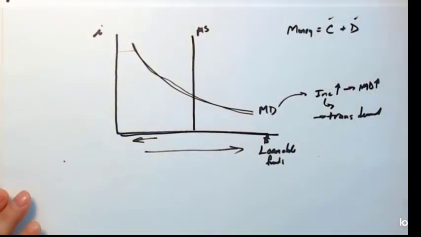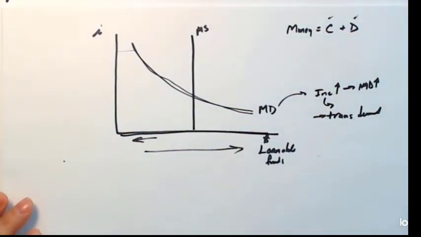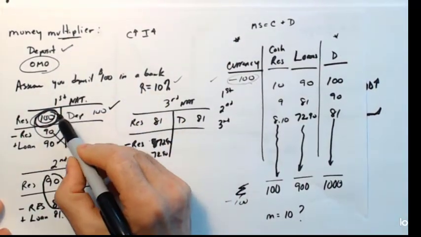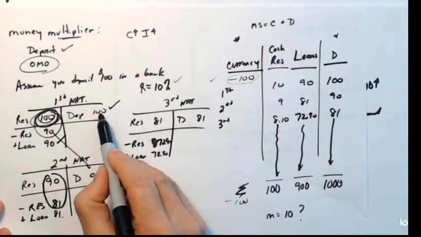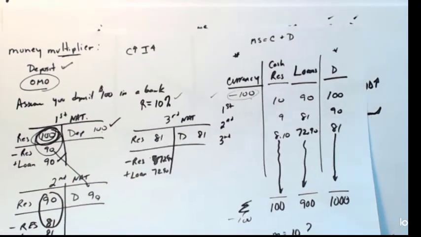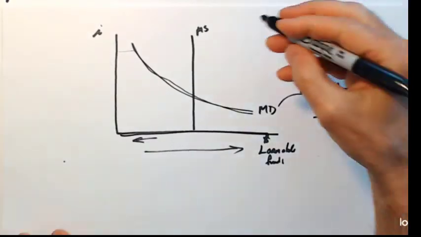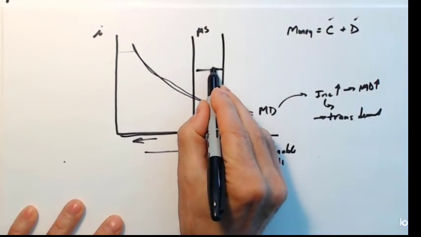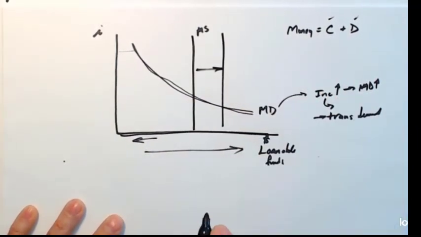So now look what happens when we deposit money here in the banking system, or there's an open market operation and the money supply increases. The money supply shoots out this way, M1 or M2, whatever definition.